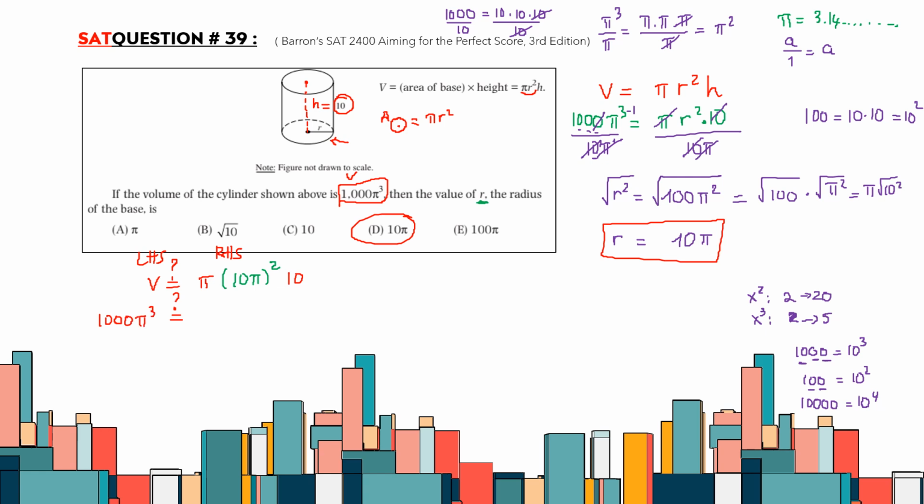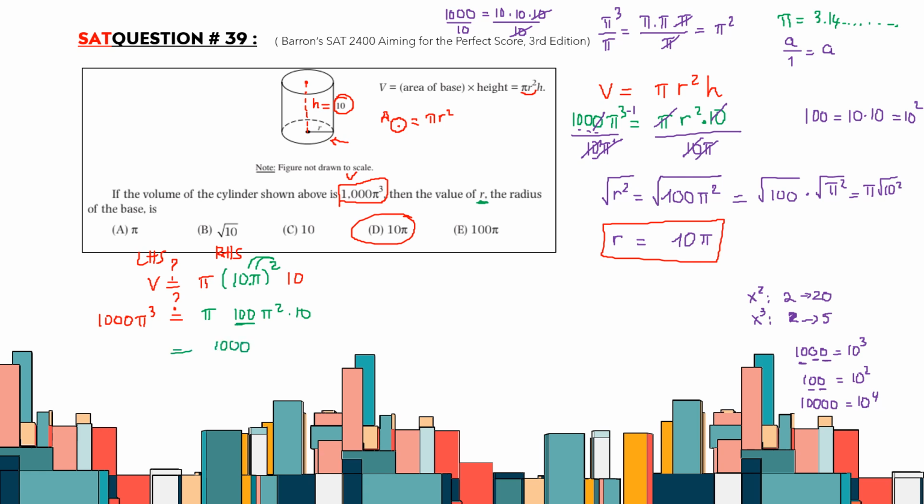Now on the right hand side we have pi here. We have 10 squared, that is 100 pi squared. Remember to distribute the power to each of the factors inside the parentheses. And then multiply by 10 again. Then 100 times 10 is 1000.